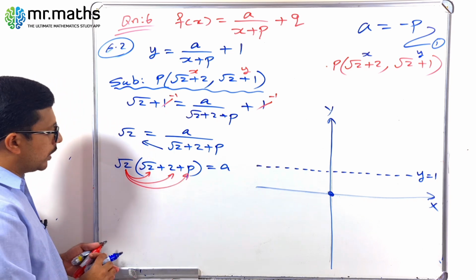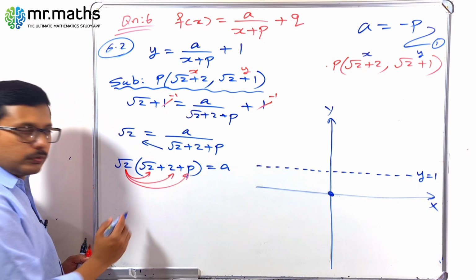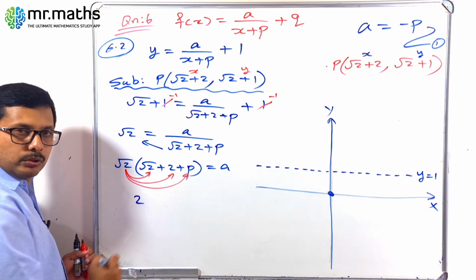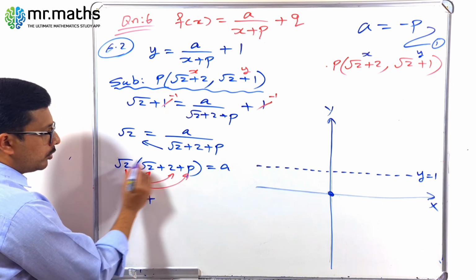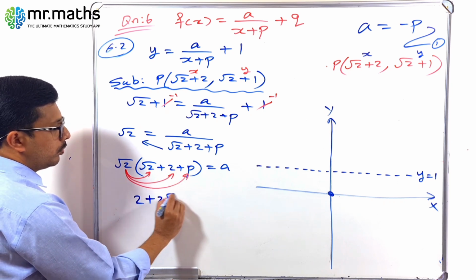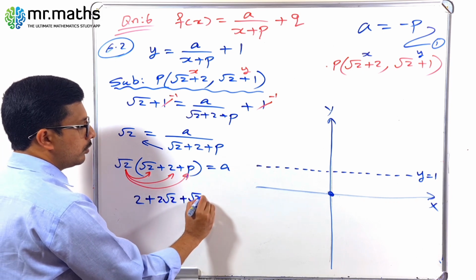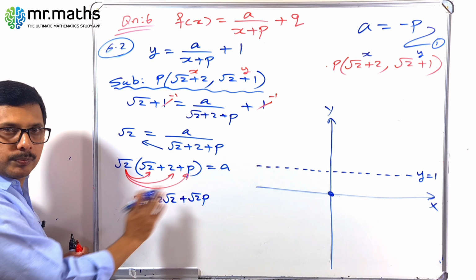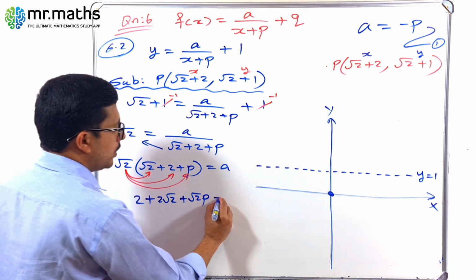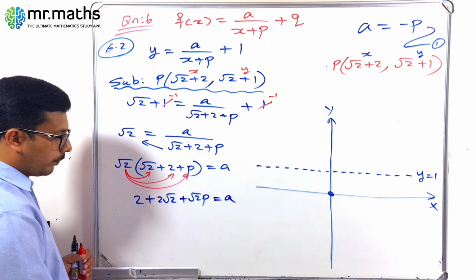Root 2 times root 2 is 2, plus root 2 times 2, that is 2 root 2, plus root 2 times p, that is root 2 p, is equal to a.